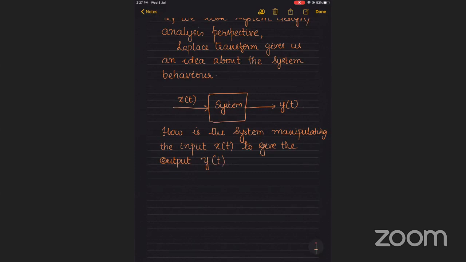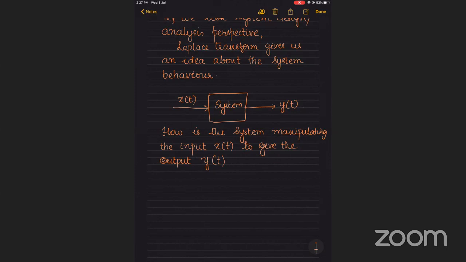For example, let us take a simple case. You see many students coming to your colleges. Let us assume that your college is a system. The input to the college is the students who have just finished their class 12. What is the output from the system? The output is a set of engineers.